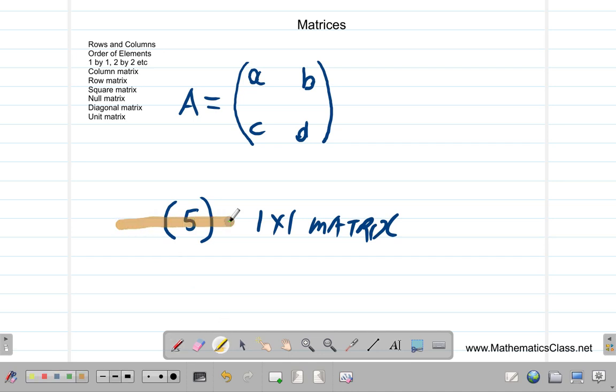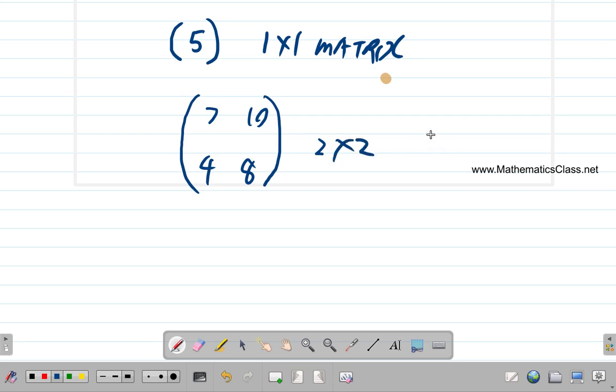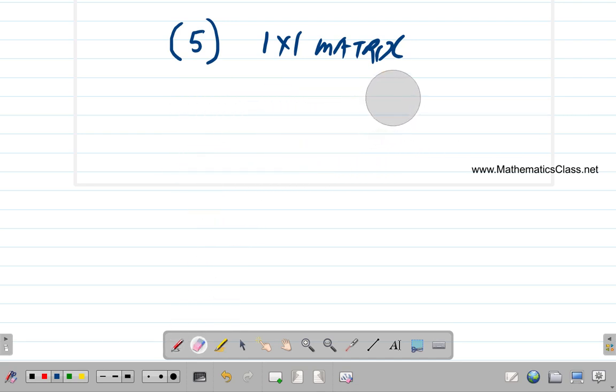This has 1 row and 1 column. So it's a 1 by 1 matrix. You see that? Right. Now, suppose we have another matrix looking like this: 7, 10, 4, 8. This is a 2 by 2 matrix. Do you remember? So you should remember those from our previous lesson.